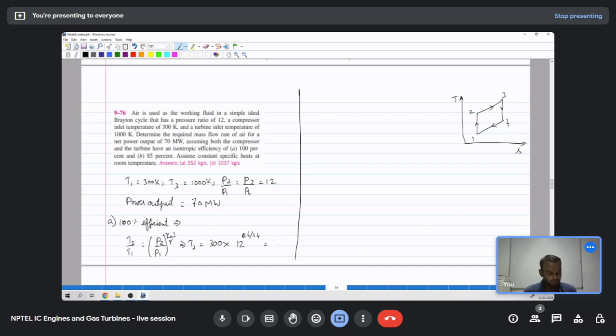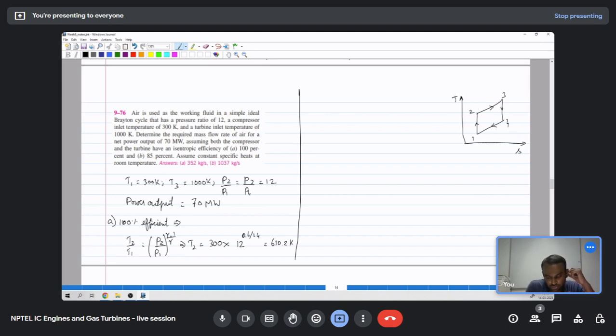Okay, so this is 610.2 Kelvin. And since they have told that it is 100% efficient, the isentropic and actual work output are the same, and also the temperature, everything will be the same for actual and ideal case.